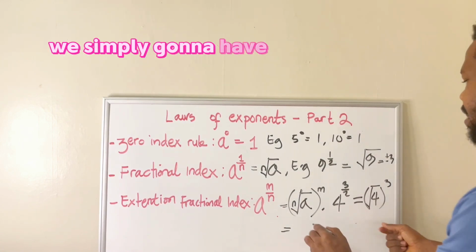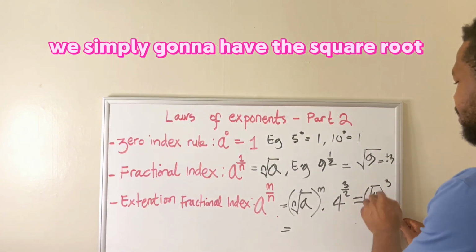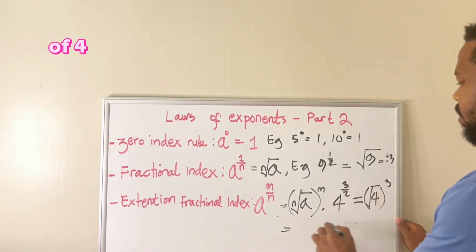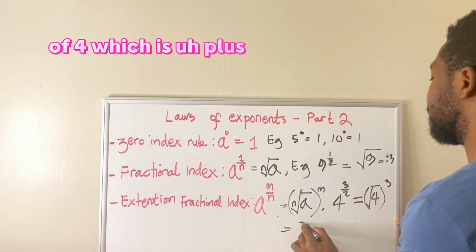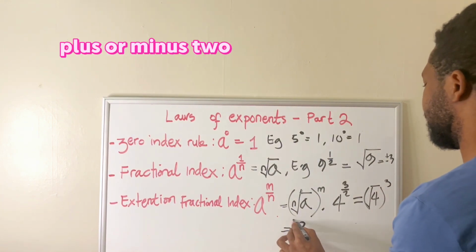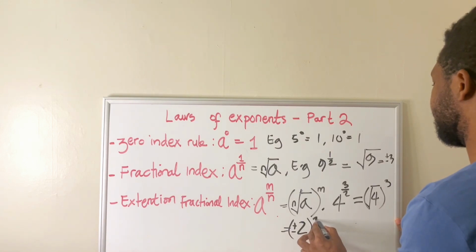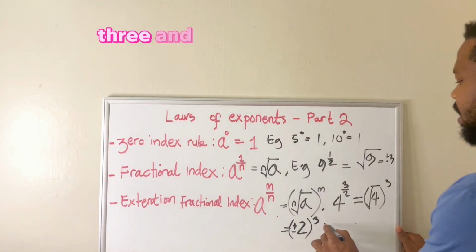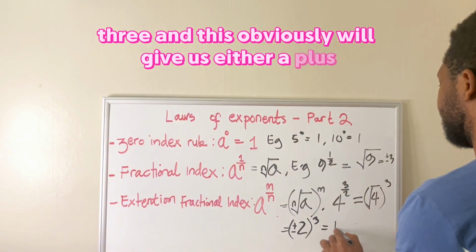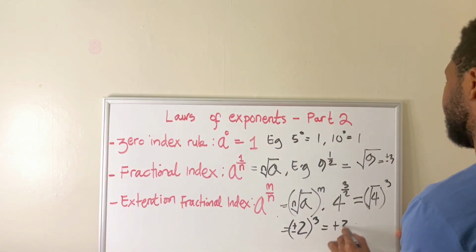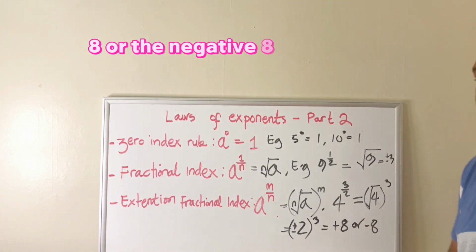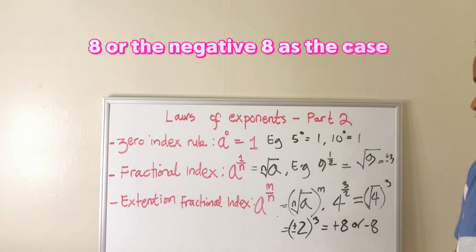We're simply going to have the square root of 4, which is plus or minus 2, okay? Plus or minus 2 to the power of 3. And this obviously will give us either a plus 8 or a negative 8, as the case may be.